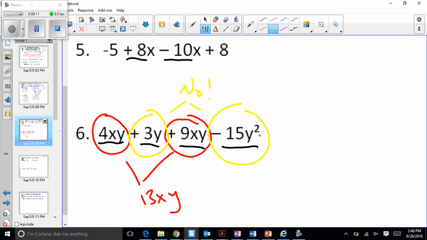Y and y squared are different. They are worth something different, and so I can't combine them. If I had another like +2y squared, I could combine that, and that would make a -13y squared. But I don't have that, so that's where I'm stuck.